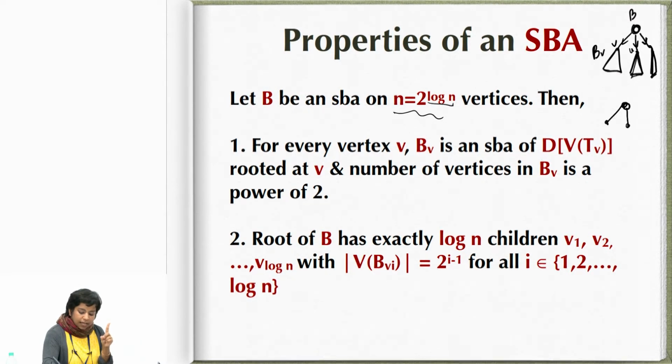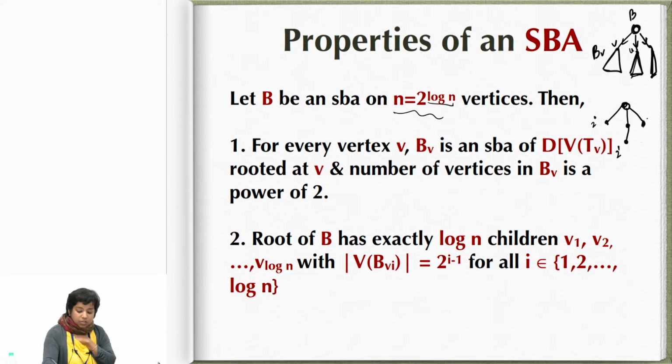The other child would be an edge, because this is a subtree on 2 vertices. The other child would have a subtree on how many vertices? If you're following this formula, what should be the size of this subtree? This is size 1, which is 2 to the power 0. This is size 2, which is 2 to the power 1. What should this be? Size 4, right?